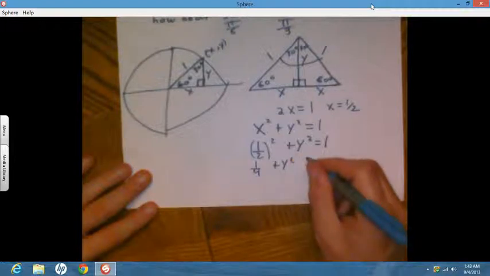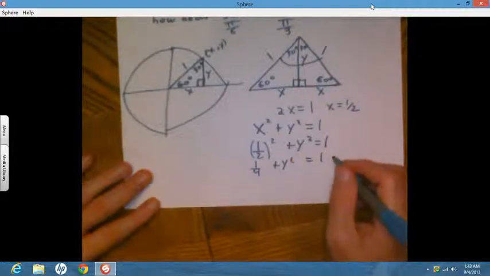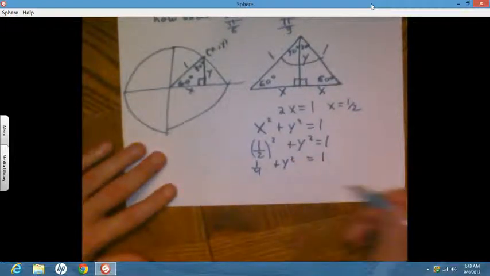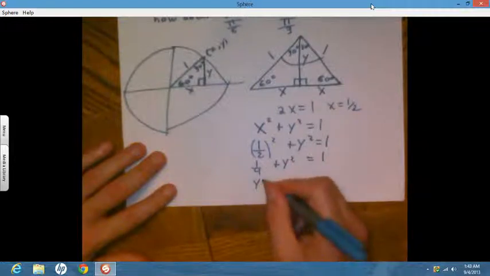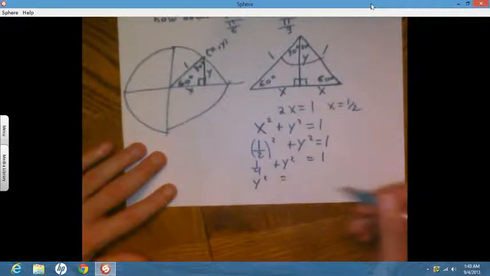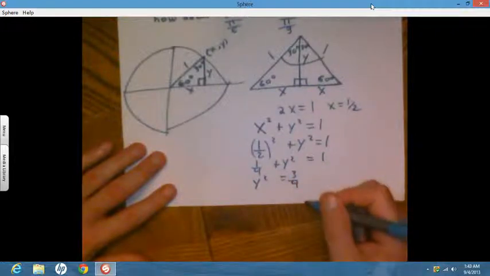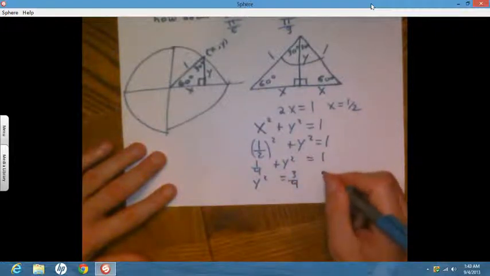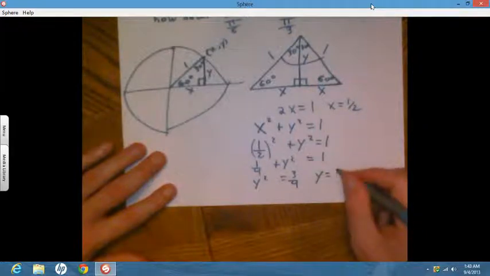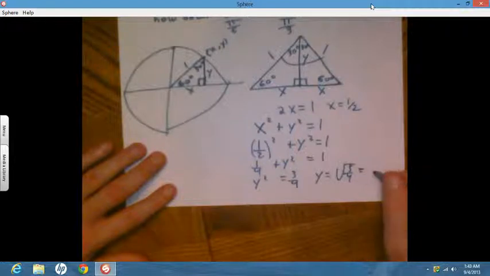I'm running out of room here. Subtract 1/4 from both sides, and y squared is equal to 3 over 4. Well, if y squared is equal to 3 over 4, then y is equal to the square root of 3 over 4, which is equal to the square root of 3 divided by 2.